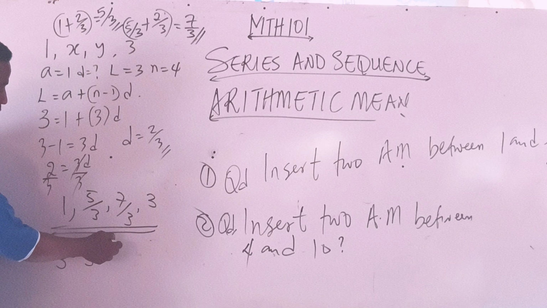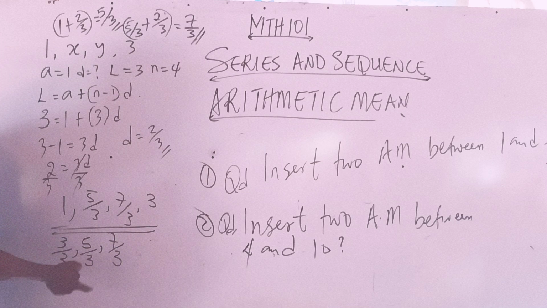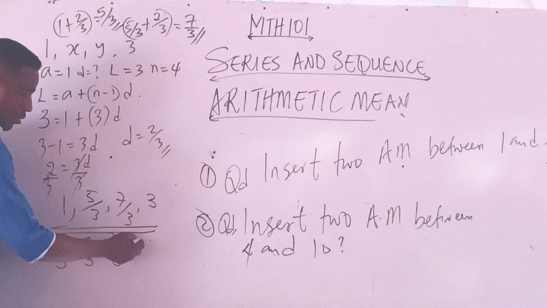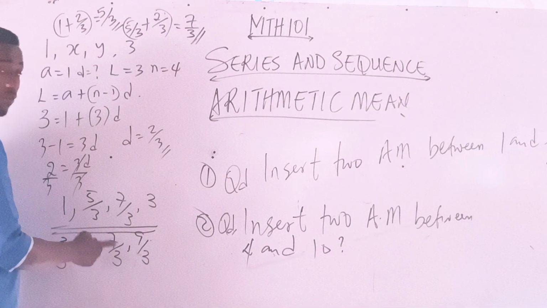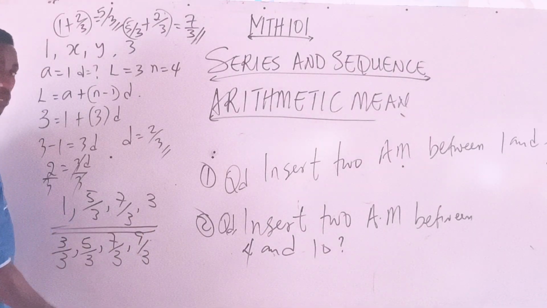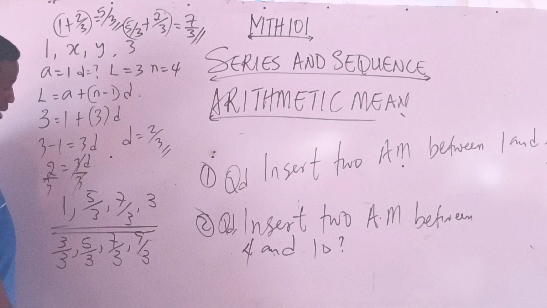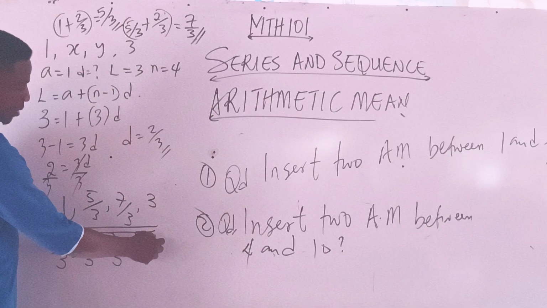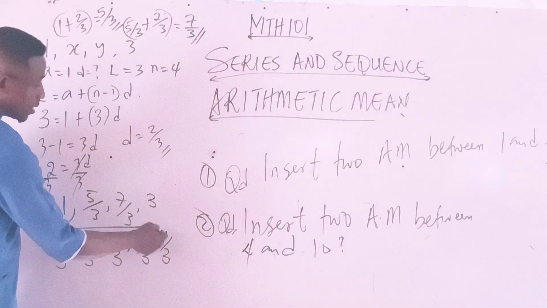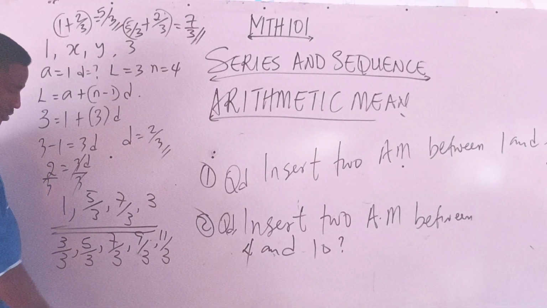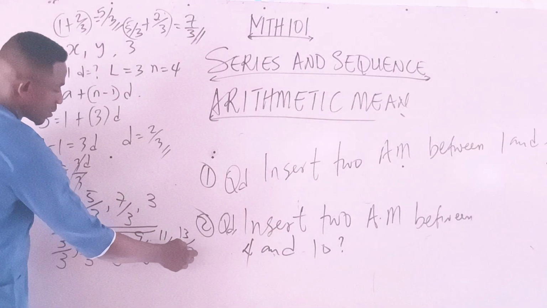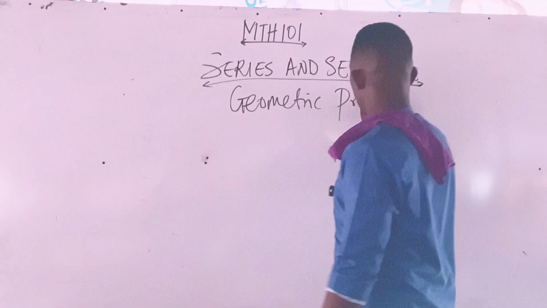Here is what? Say 7 over 3. Here is what? 9 over what? Who can tell me the next number? It will be 11 over 3. Next is what? 13 over what? I hope it's clear.